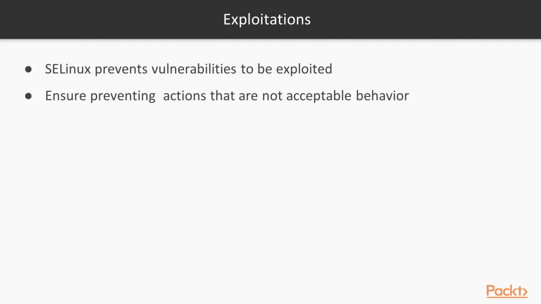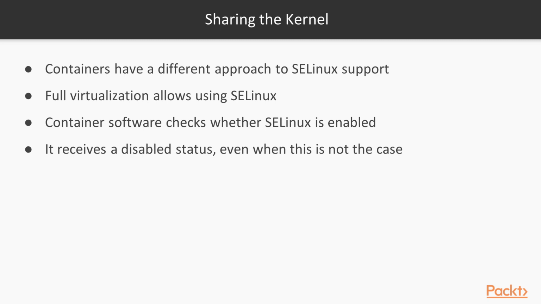Generally, one could imagine using SELinux to prevent vulnerabilities from being exploited. Policies could be used to ensure that software running in the container cannot perform any action that is not acceptable behavior for that software. However, as the Linux kernel is shared, containers have a different approach to SELinux support. While full virtualization allows the guest operating system to use SELinux as well, containers do not have this luxury.